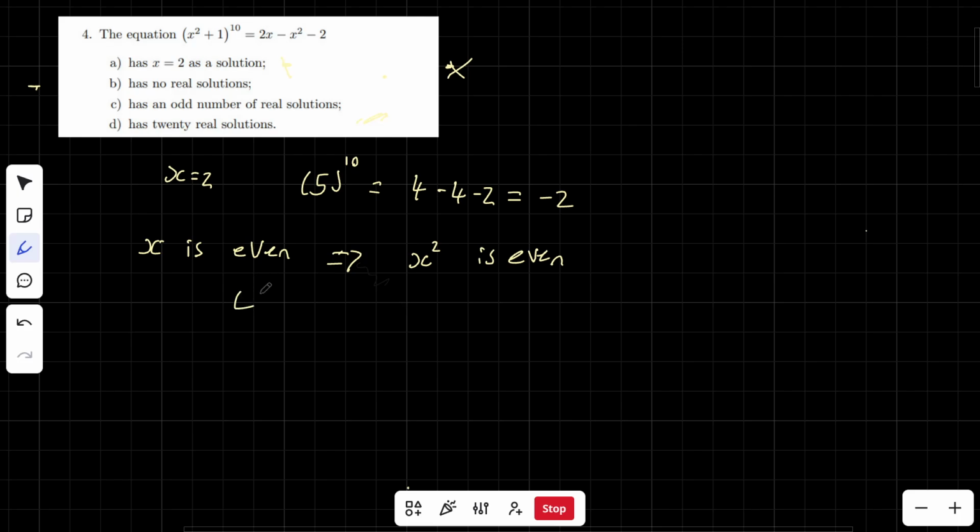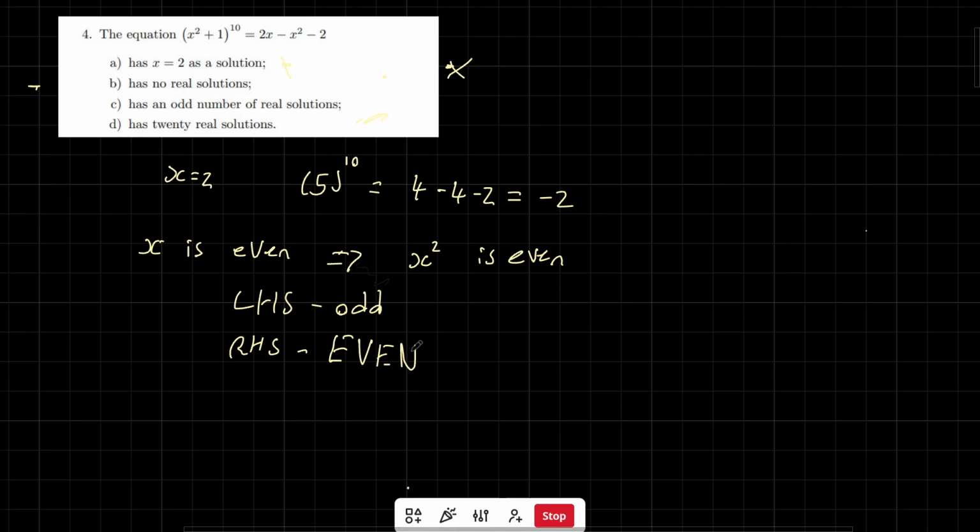So the left-hand side is odd. And the right-hand side will be even, because 2 times x is even, minus x squared, which is even, minus 2, which is even, and even minus even minus even is even. So if x is even, then the left-hand side is odd and the right-hand side is even, which means x cannot be even. If x is a solution, it can't be even.